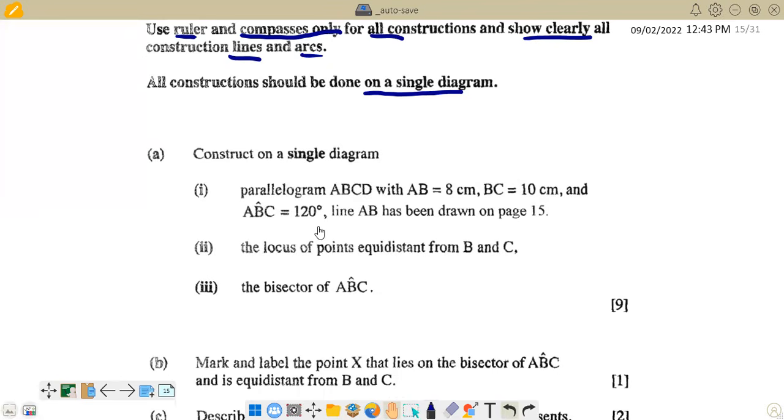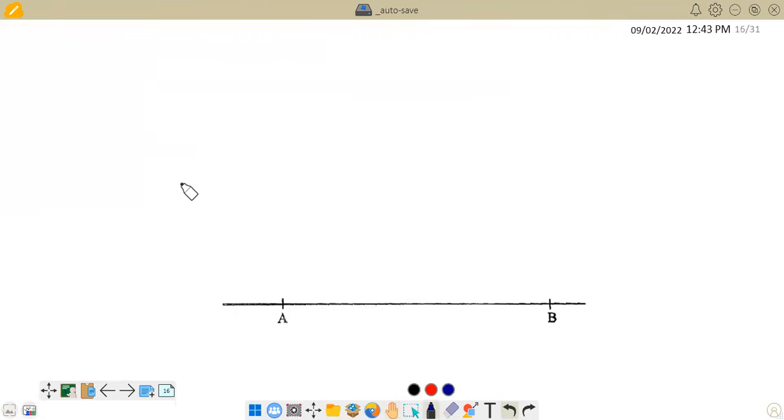Remember, I told you guys the first thing that you do is to have a sketch. There is an angle, so make sure that the angle is on the base. So from our diagram, let's just have our sketch here. It's a parallelogram, and I've already been given A to B, which means our sketch is going to be like this, just a sketch.